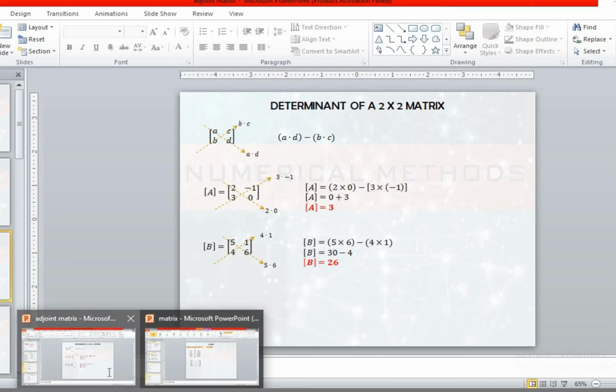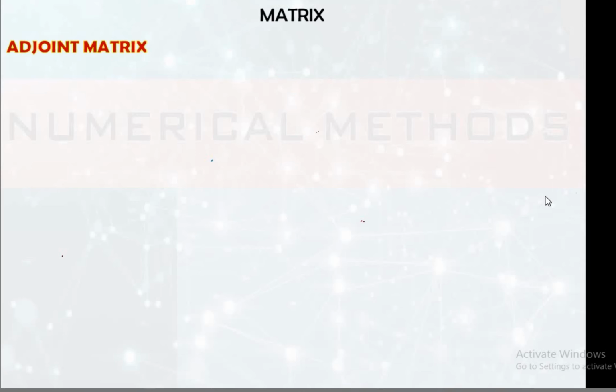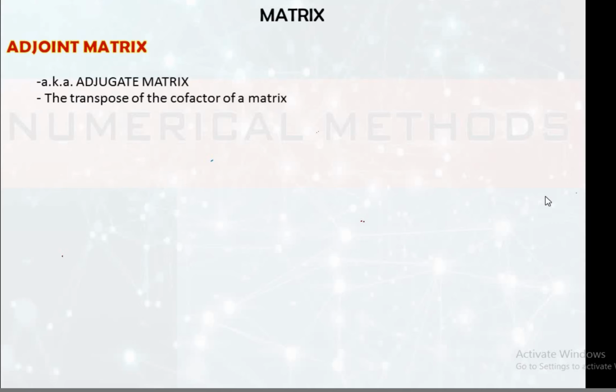We go to the next property of a matrix. We have here the adjoint matrix. Ano bang adjoint matrix? This is also known as the adjugate matrix, or ito yung tinatawag natin the transpose of the cofactor matrix. So, ang adjoint matrix, in other words, itra-transpose mo yung cofactor matrix.